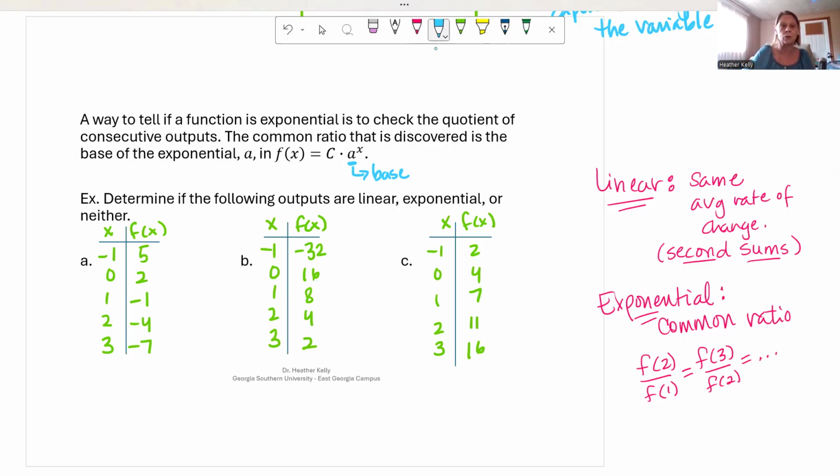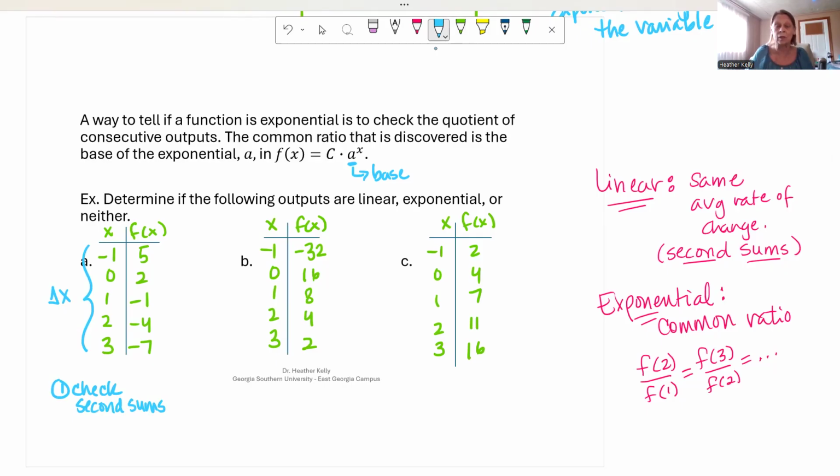So let's take a look here. The first thing we want to do is check the second sums. Okay, and that's basically looking here and seeing what delta x is, and the change from one to the other is 1. So as long as it's consistent, we need to know that.